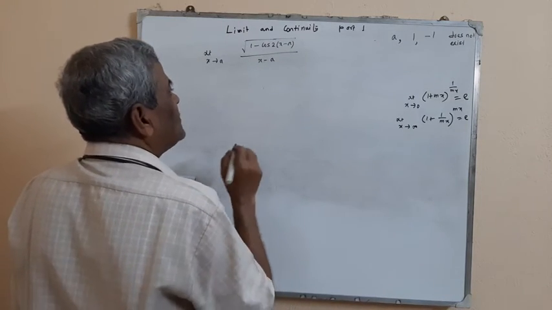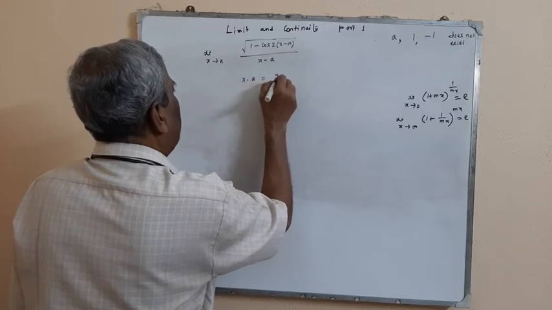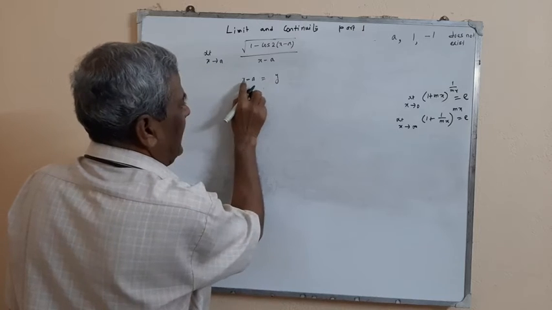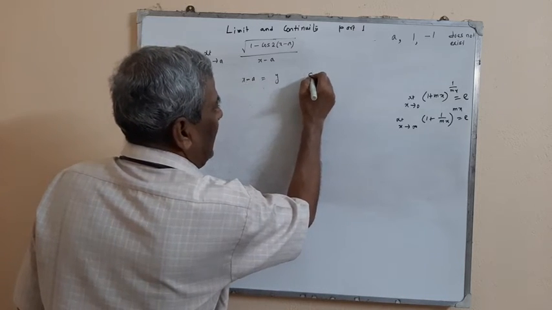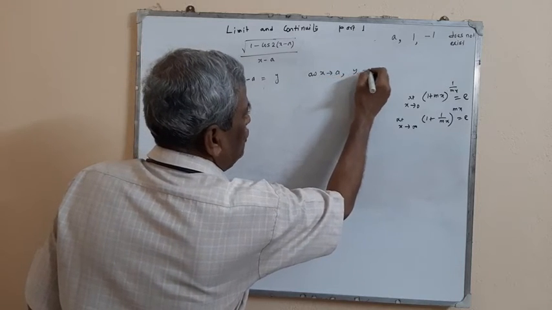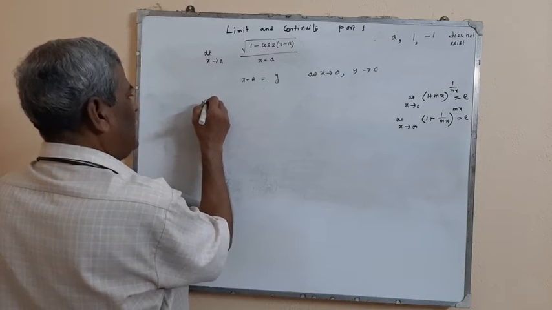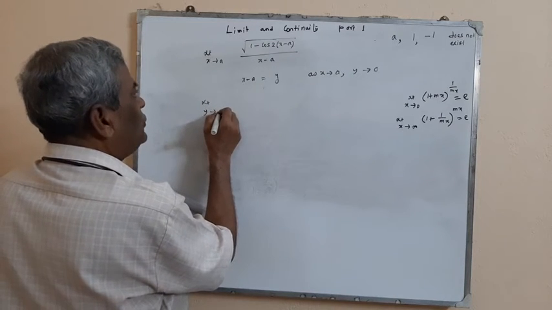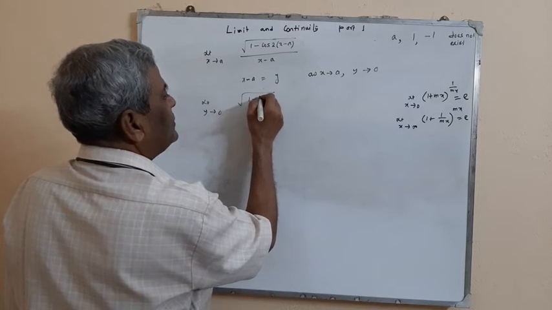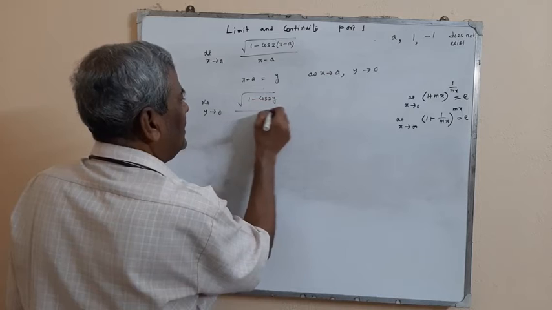For better understanding, let us take x minus a equal to y. So as x tends to a, y tends to 0. So this becomes limit y tends to 0 of root over of (1 minus cos 2y) by y.